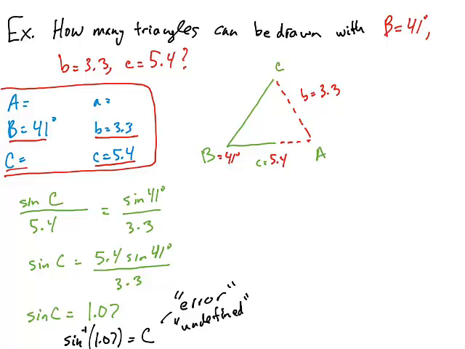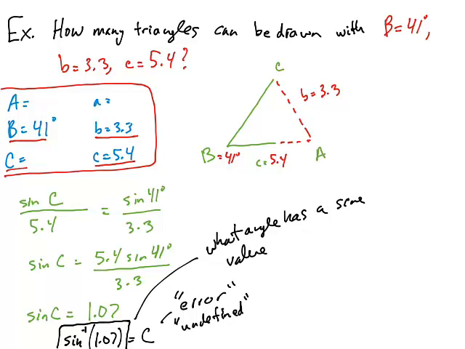Okay, now why does it say this? Well, what this is saying is sine inverse of 1.07. What that means is, what angle has a sine value of 1.07? Now if you think of this on the unit circle, where does sine equal 1.07?